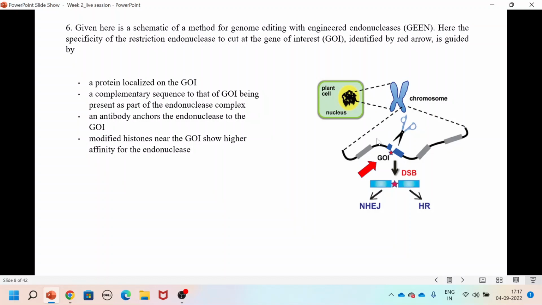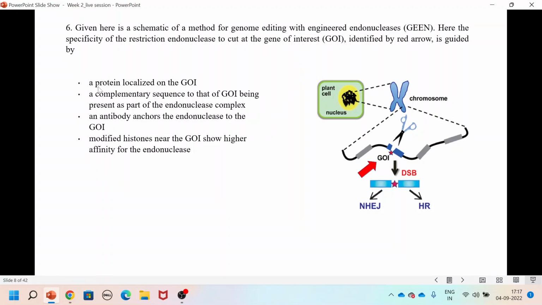And here, how will the restriction endonuclease cut at the specific site, which is our gene of interest? So what is the property that provides the specificity to the restriction endonuclease to cut at the particular site, which is the site of our gene of interest?